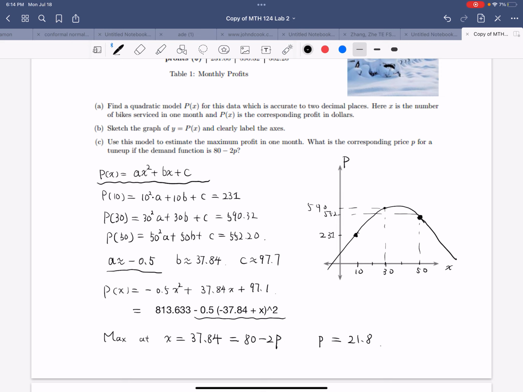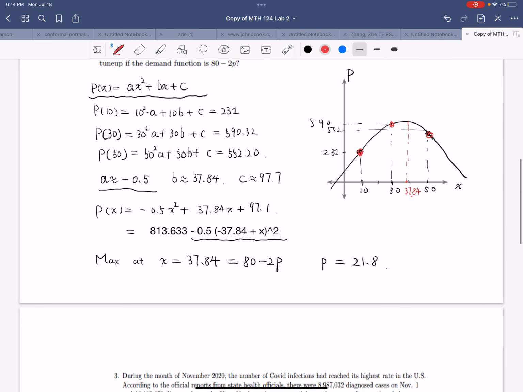And it becomes 0 when x equals 37.84. We can draw this graph here, with these three data points, and this function maximizes somewhere here.